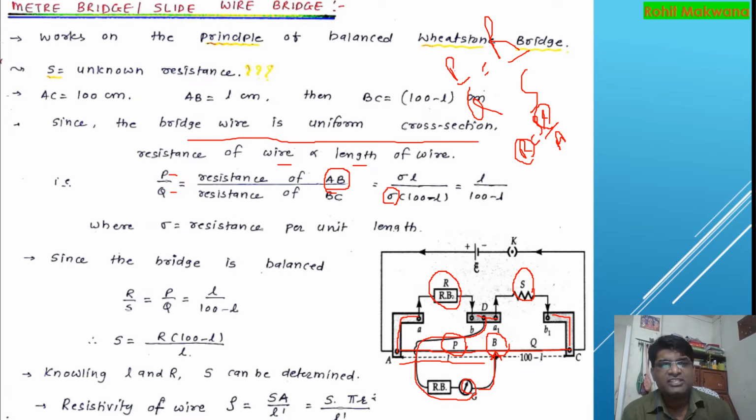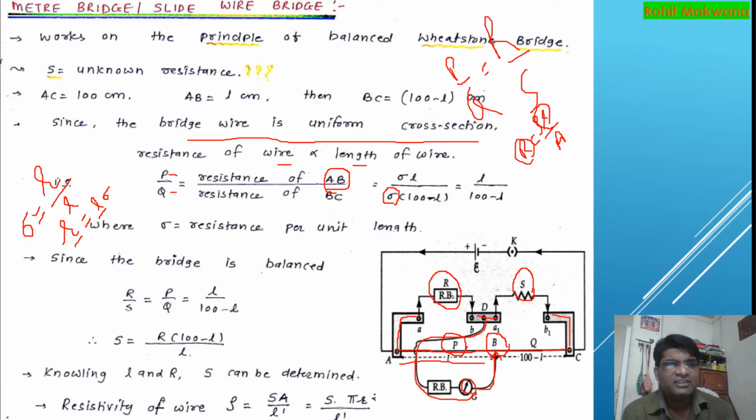Sigma is the resistance per unit length, small r. Now sigma is constant, so R here is equal to L into sigma. As length increases, resistance will also increase.